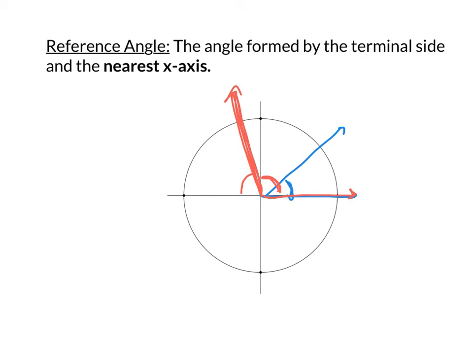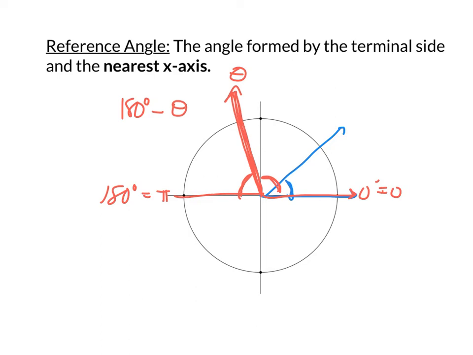Since we've gone past 90 degrees, it would be a lot closer to get to the pi measurement or the 180 degree measurement than it would be to work backwards over to the 0 degrees or 0 pi measurement. So when we have theta over here in the second quadrant, we're just going to want to start with that 180 degrees or pi radians and subtract theta.